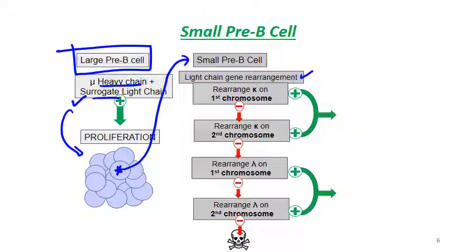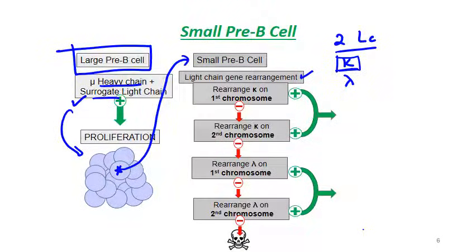And I mentioned in a previous self-study that there are two types of light chains, okay? There's kappa and there's lambda. They're both functional, they're both capable. Kappa rearranges first, and there's kappa 1 and kappa 2, so 2 chromosomes.